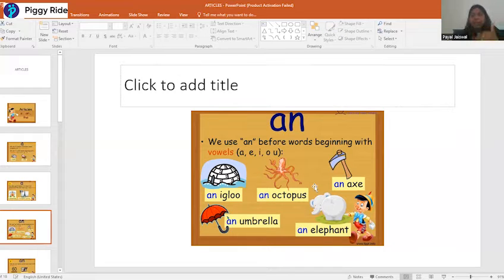And an elephant, E-L-E-P-H-A-N-T, starting with the vowel E. Now, A-E-I-O-U. So, my dear, whenever you see there are vowels, use the article an: an ice cream, an ink pot, an eagle, an elephant. Okay, so I hope this a and an concept is clear.